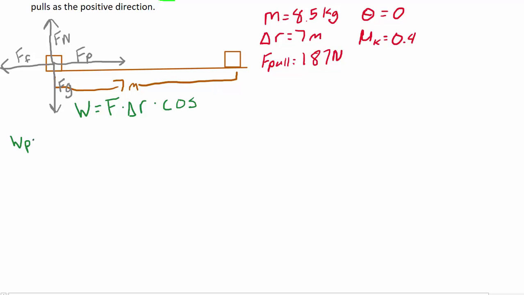So the work for the pull equals 187 times the change in distance, which is 7 meters, times the cosine, and since it's going with the plane, our cosine will be 0.